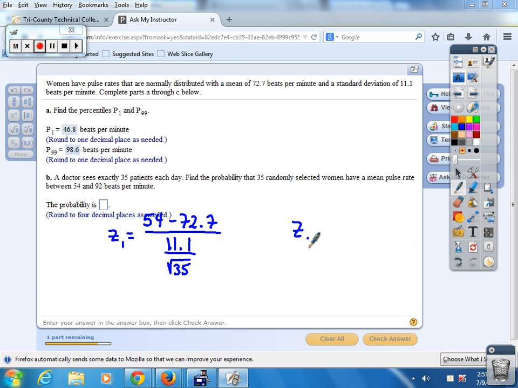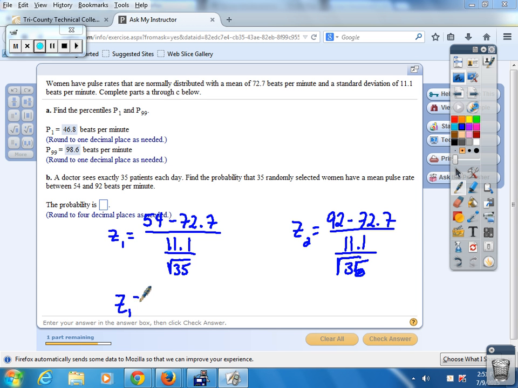And z sub 2 is equal to 92 minus 72.7 over 11.1 divided by the square root of 35. Well, we all know that the square root of 35 is 5.9, right?